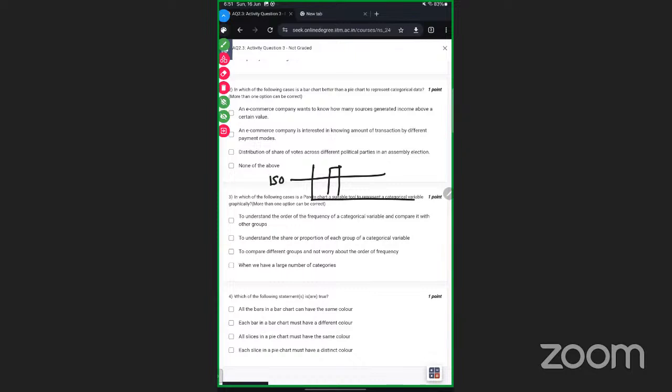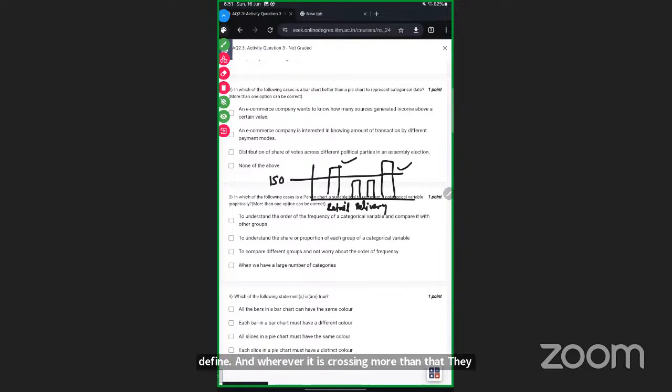Anything they can define, and wherever it crosses more than that, they can say how many sources generate income above a certain value. In this business, the bar chart is more useful than a pie chart. These are different sources of income, and you can represent them and see which are above a certain level.